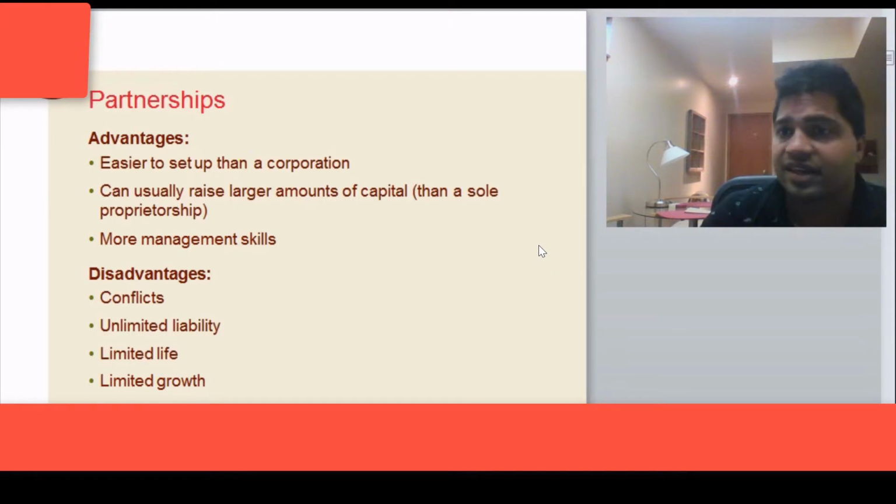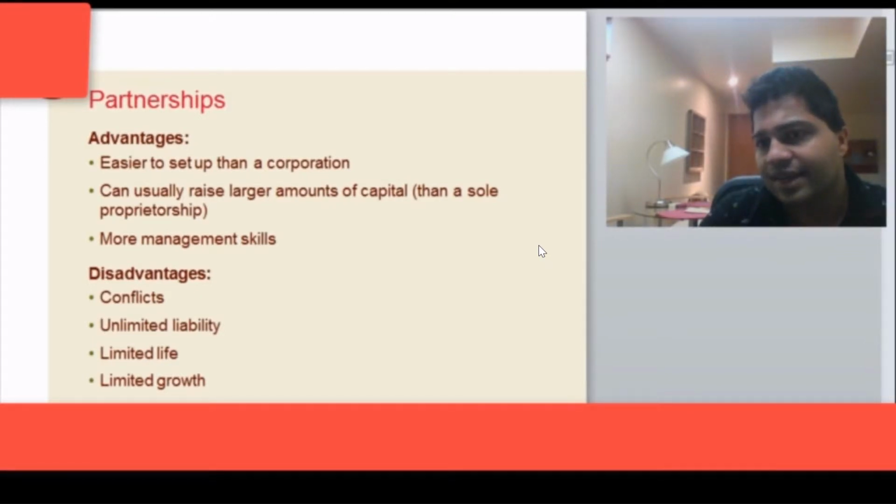Then it has a limited life. A partnership or sole proprietorship dies with you, with the founding partners. So if I start a business as a sole proprietor and I die, then the existence of the business comes into question. In the same way, if I start a partnership and the partners are dead, the business doesn't continue. Then it has a possibility of limited growth.